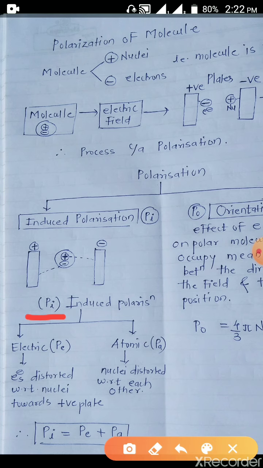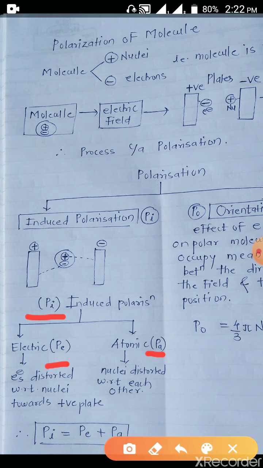The induced polarization is classified into two types. One is electric polarization represented by Pe, and one is atomic polarization represented by Pa.